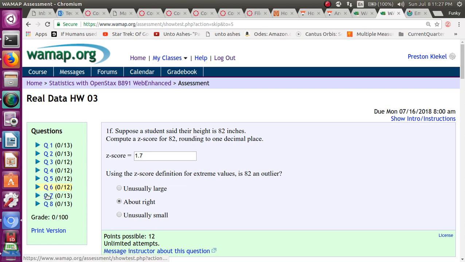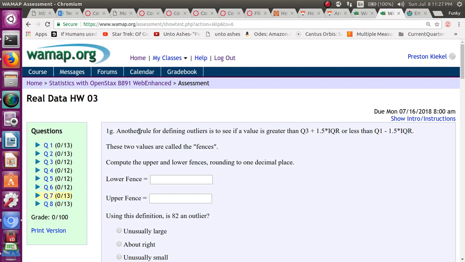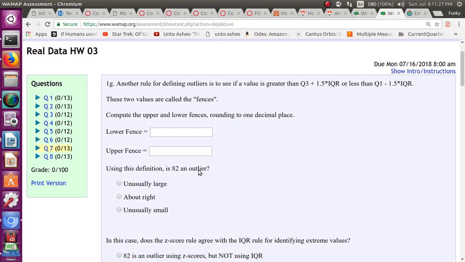So I'm going to go instead to homework question 7, which is 1G. Another way of defining outliers is to compute the fences. I'm sorry, Q3 plus 1.5 IQR is the upper fence, and the lower fence is Q1 minus 1.5 IQR. So let's compute those fences.